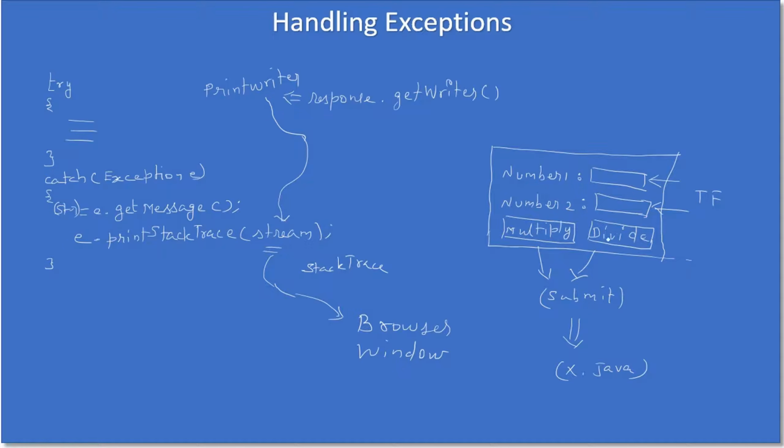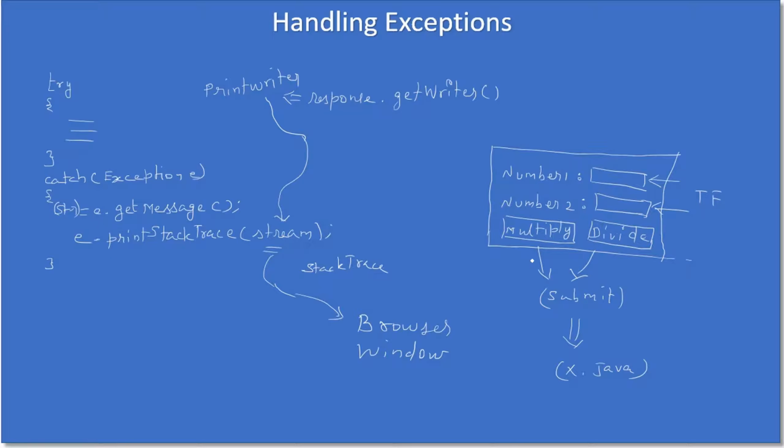One is multiply and another one is divide, and our servlet, based on this value, knows what action to perform. It's a binary operation, right? Multiply or divide. So it needs two operands, which it will take from these two text fields.